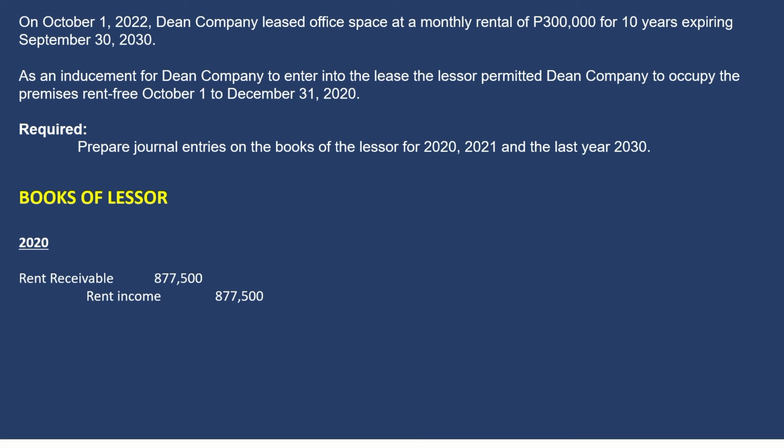So, ang atong total rent is pila man diay? Hindi ba 10 years man ni? 10 years. Unya naay 3 months nga rent free. So ang atong ma-generate nga rent income is 9 years and 7 months na lang.